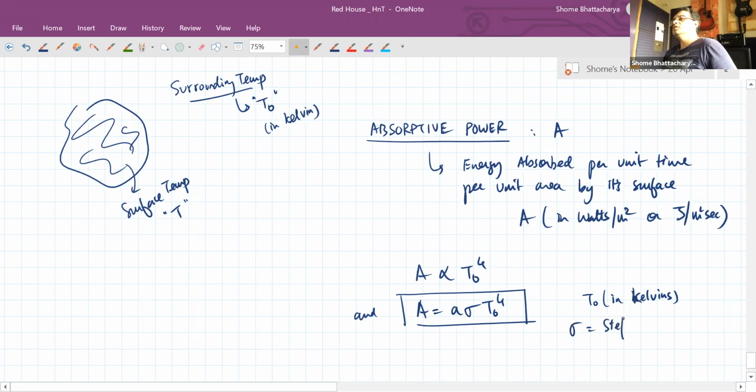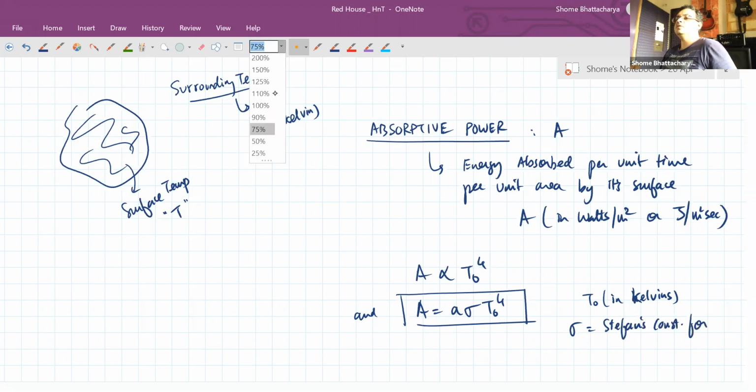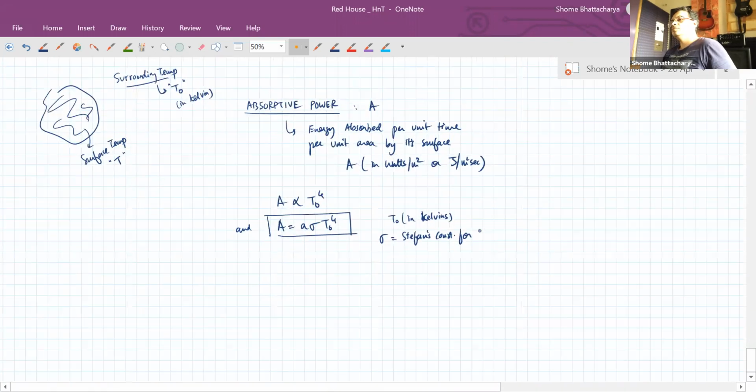It is Stefan's constant of radiation and given by that value, in units of watts per meter square Kelvin to the power 4.